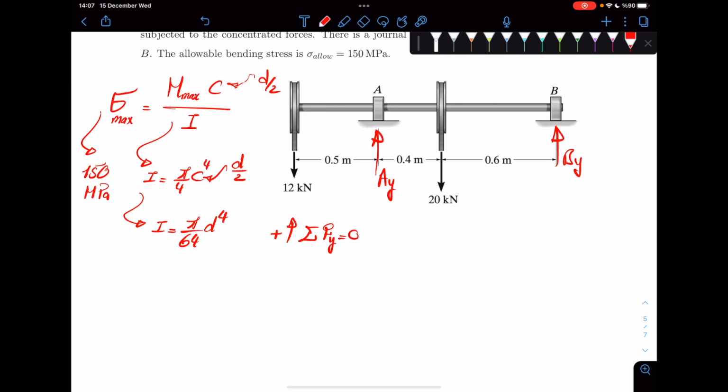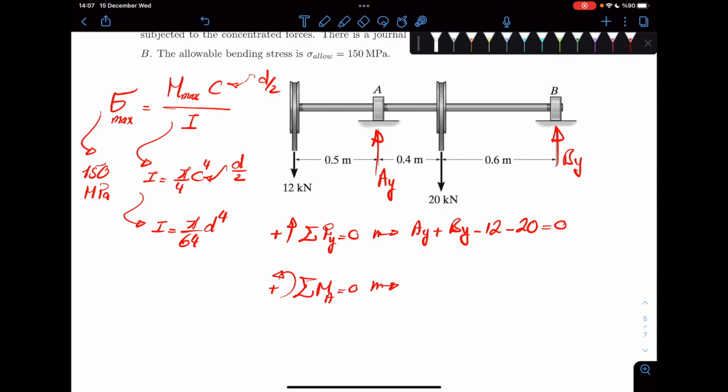Okay, so equilibrium of forces in Y direction is our first equation. That gives you AY plus BY minus 12 minus 20 is 0. Equilibrium of moments with respect to any point, let's say A, again assuming counterclockwise is positive. You have your 12 downwards multiplied by 0.5. That gives you counterclockwise, so it's a plus. The 20 gives you clockwise, so this is a minus.